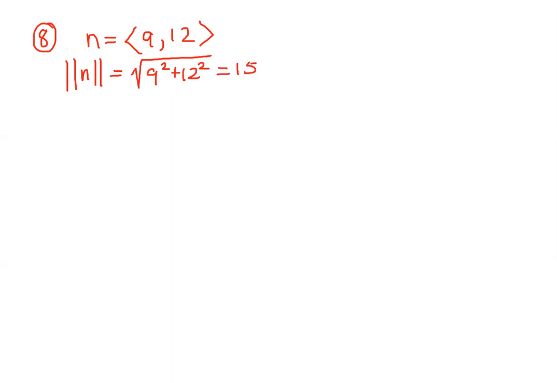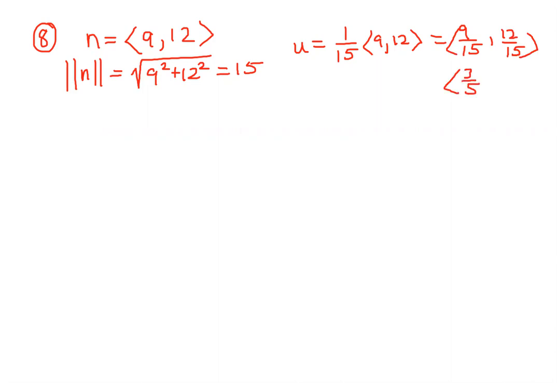So the unit vector associated with this vector is 1/15 times (9, 12), which is 9/15, 12/15, or 3/5, 4/5. Okay, (3/5, 4/5) is our unit vector.